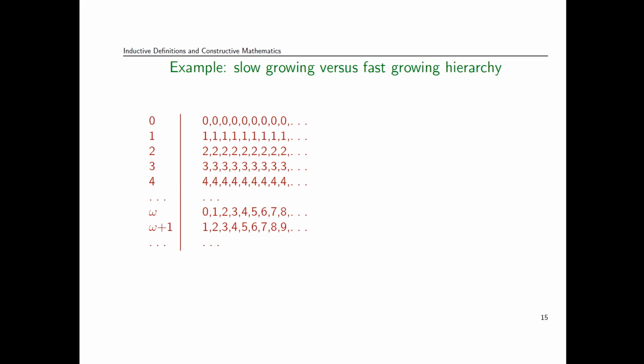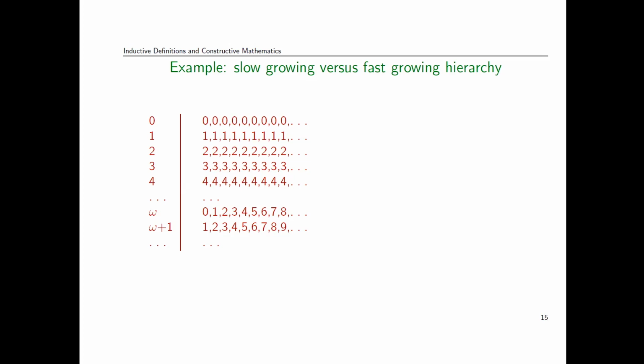And at the limit case, you take the diagonal as well, so you will get 0, 1, 2, 3, 4, 5, 6, 7, and so on. You can also prove that all the functions that you get in this way are distinct, so that is an injective enumeration of functions.